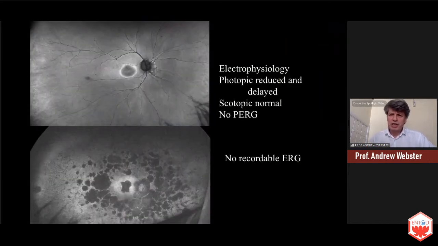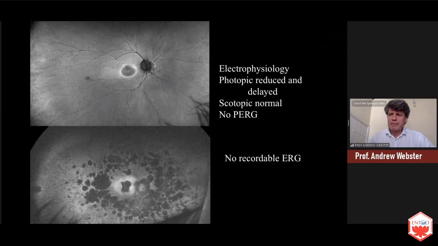So the man that presented in his 40s with loss of central vision at the top, he had electrophysiology. We could measure responses when we shone a flash of light at the eye. And it was affecting the cone responses more than the rod responses. His rods were pretty good.